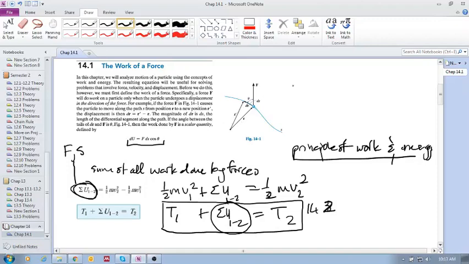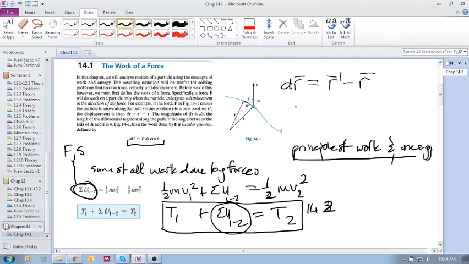And so we know that the displacement dr is equal to the final position vector minus the initial position vector. That's just how you define your displacement.